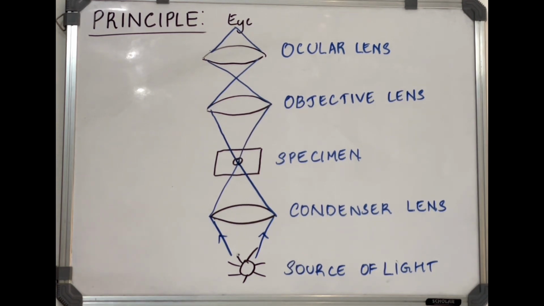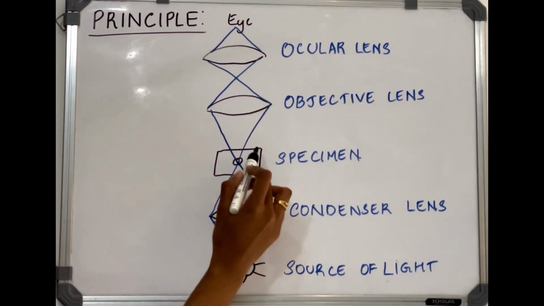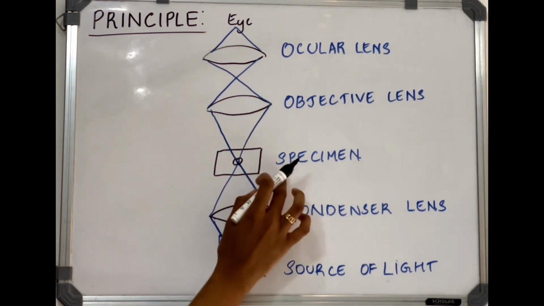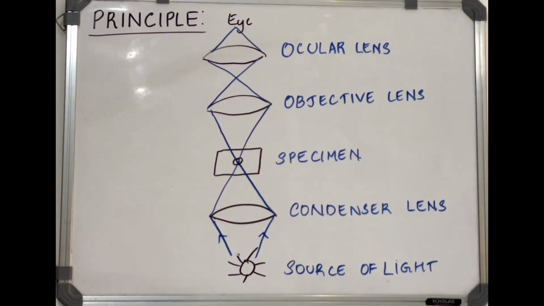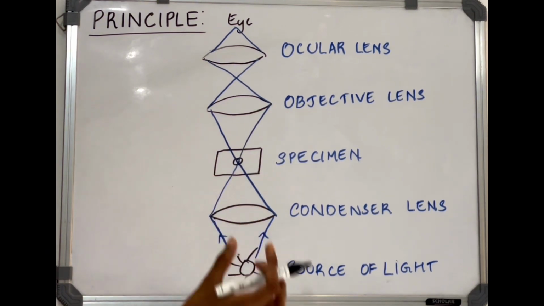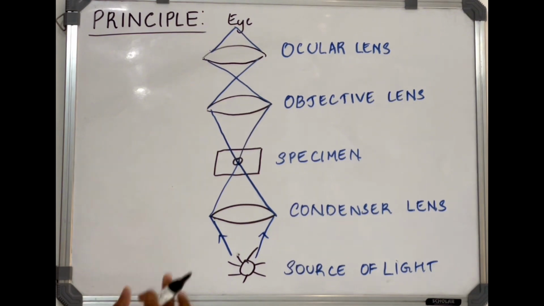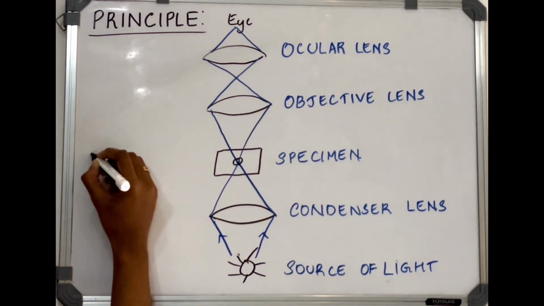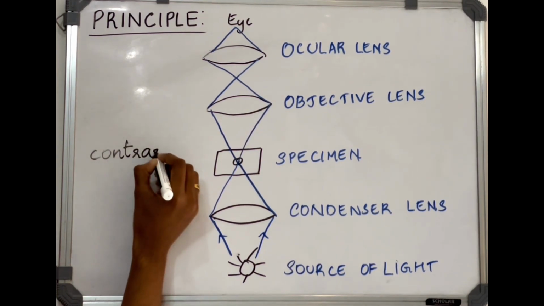So a uniform beam of light is passing through this specimen, and the specimen will be stained. Why are we staining the specimen? By staining, all the structures and components within that specimen will be clearly visible, and it will also increase the contrast of the image.